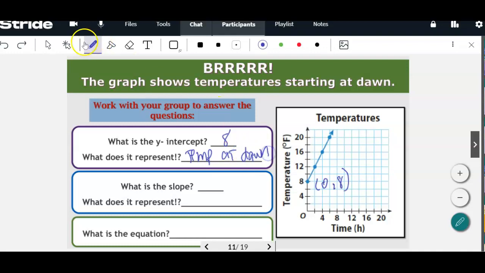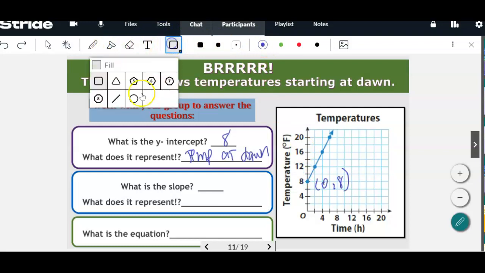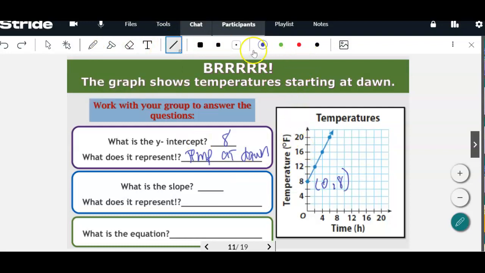What is the slope? So rise up, run over. Well, it goes from 8 to 4, so that is plus 4. Oh, I'm going to change the color. If I can get that on the line there. So it goes over 4, because you got to watch your scale. So that's plus 4.